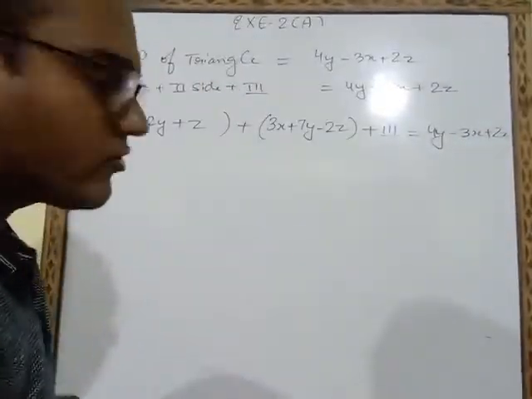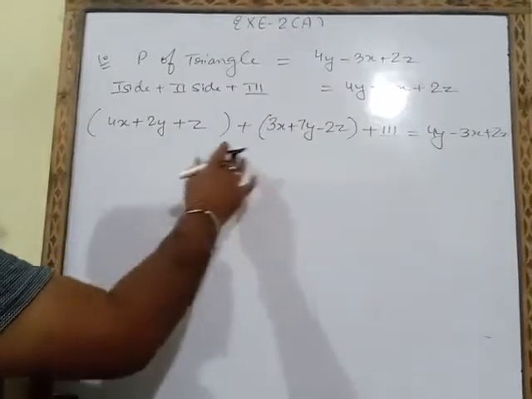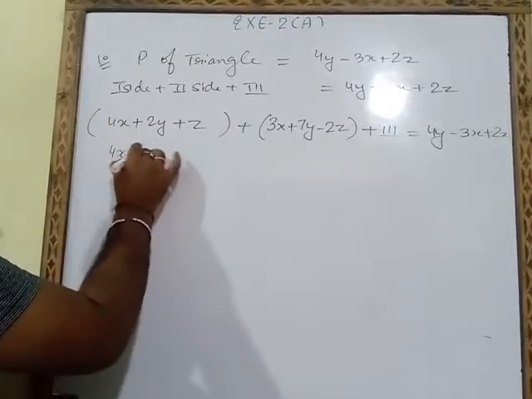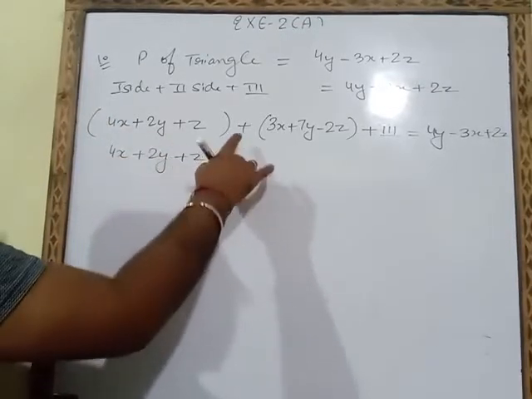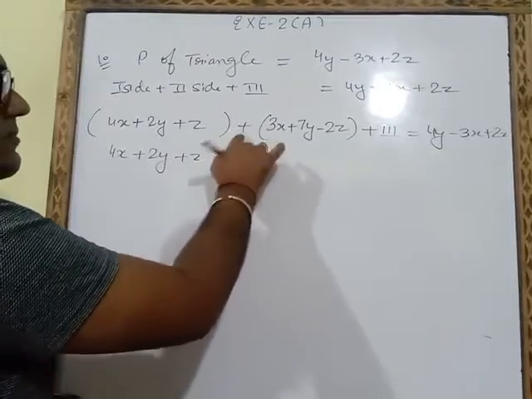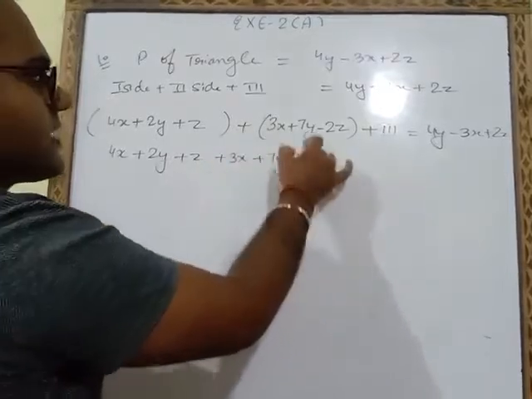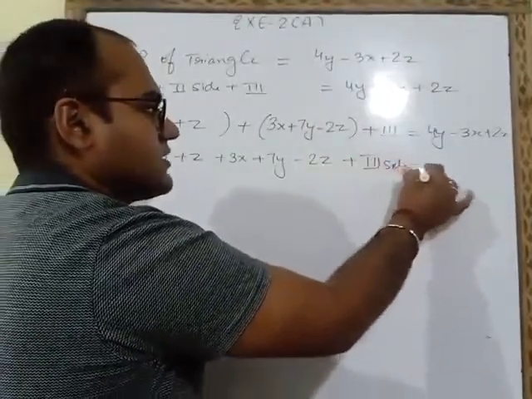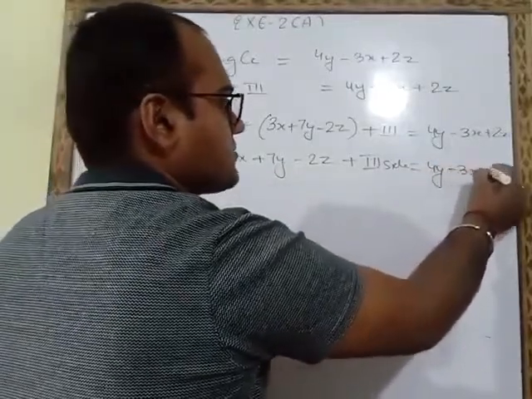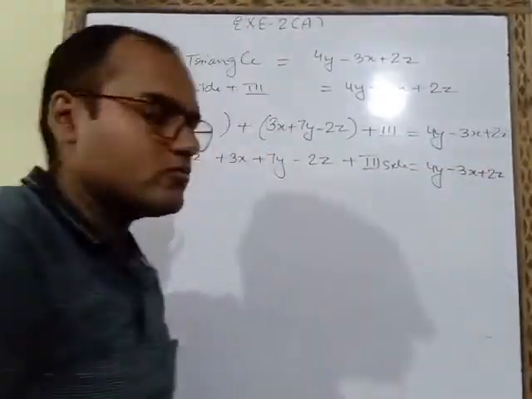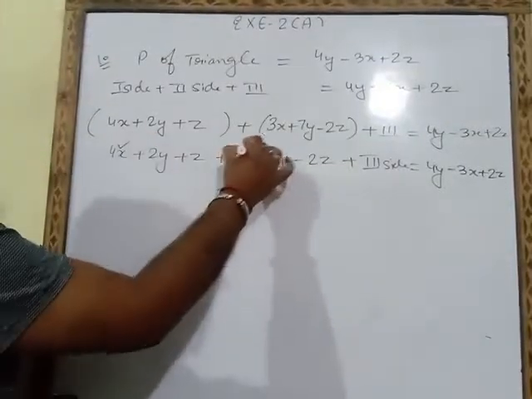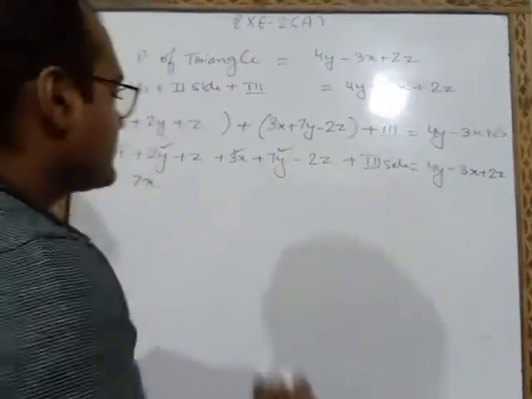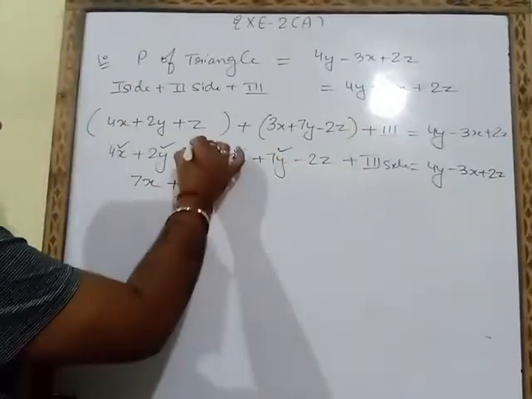Now what you have to do, we will open these brackets. Outside this bracket on the left, no sign is given, so we will remove the bracket as it is. We will write plus 4x, plus 3x, plus 2y, plus 7y, minus 2z... plus plus z, plus the third side as it is, equal to 4y minus 3x plus 2z. Now 4x plus 3x, the answer will be 7x; plus 2y and plus 7y, the answer will be plus 9y; plus 1z.